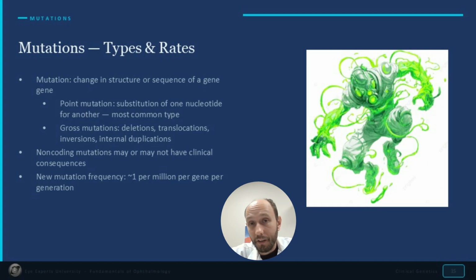They're more in the intron part, versus if they are more in the exon, there's a higher chance that something bad will happen. New mutation frequency is about 1 per million per gene per generation. So considering how many genes we have, something is probably happening right now.